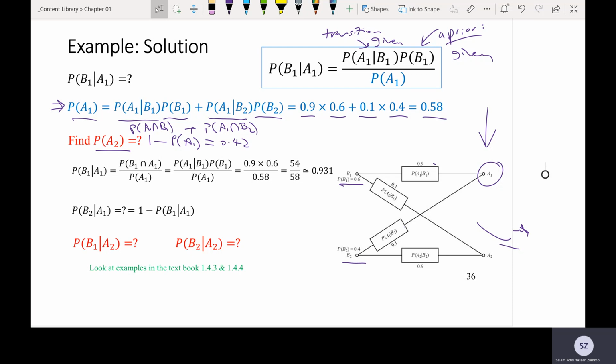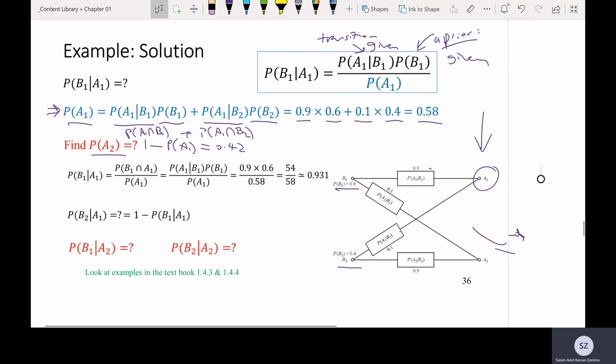This is the probability of A1 and B1: you send B1 and you receive A1. Whereas this other one is the probability of receiving A1 given that you send B1. Given that I already sent B1, what is the probability that I receive A1? This second one is the probability that I send B1 and I get A1. Is the difference clear?